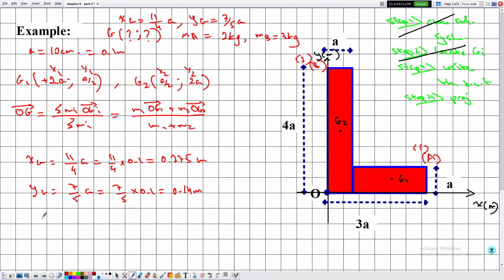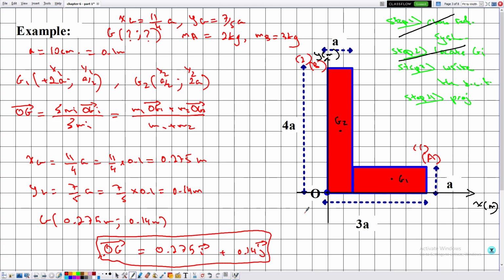Okay, so the point G will be located at 0.275 meters and 0.14 meters, and in the vector notation OG can be written as 0.275 i plus 0.14 j. And in this case, using a certain scale, we can determine the point G in this system.